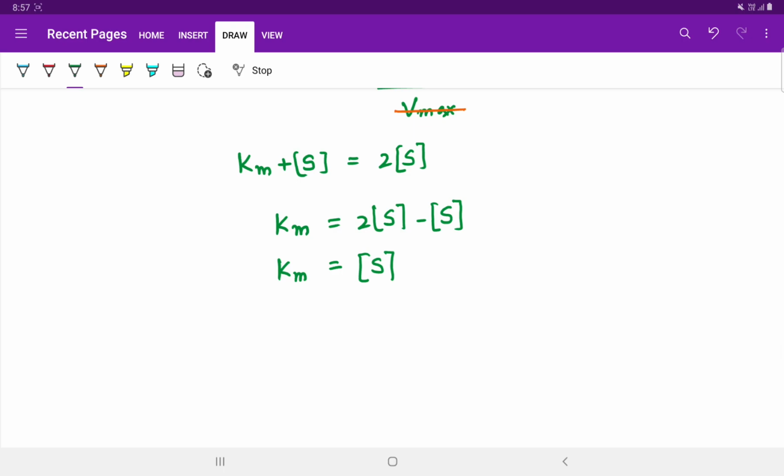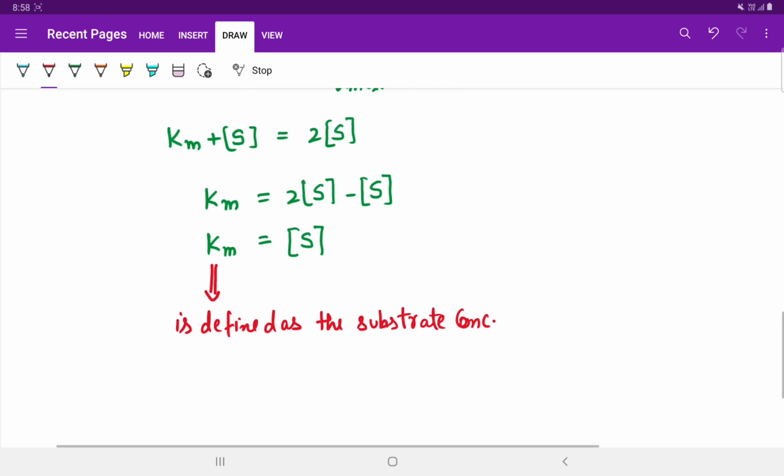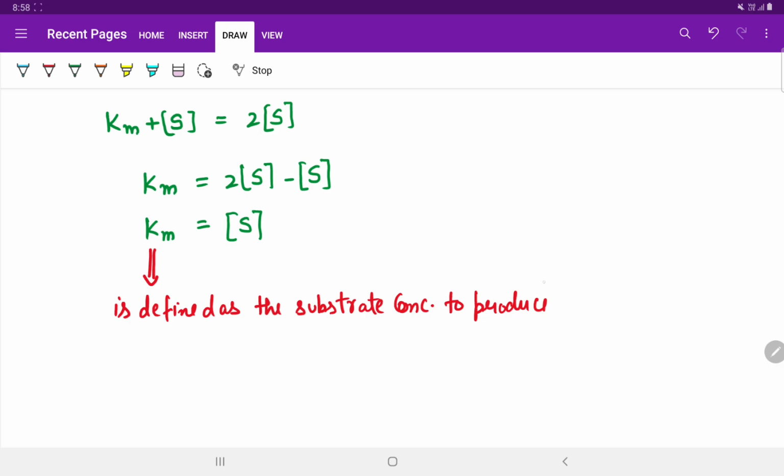So what is the significance of Km? The Michaelis-Menten constant is defined as the substrate concentration required to produce half the maximum velocity of an enzyme catalyzed reaction.